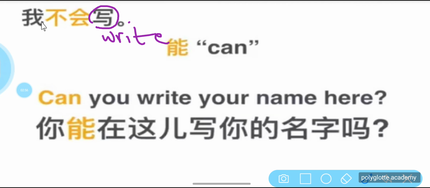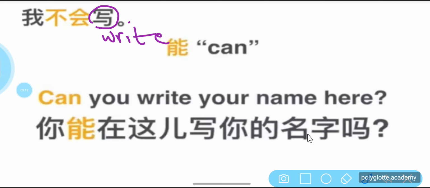So the complete sentence will be 我不会写, I don't know how to write. That was just a review of the previous lesson.